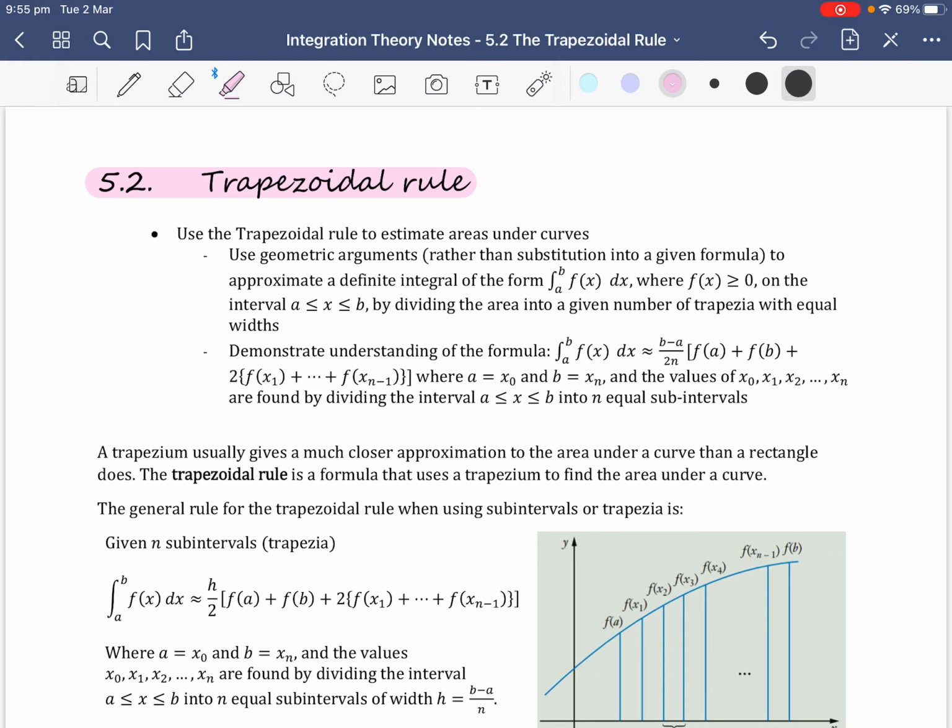So what we do is we use the trapezoidal rule, which is a formula that uses a trapezium to find the area under the curve, or multiple trapeziums or trapezia.